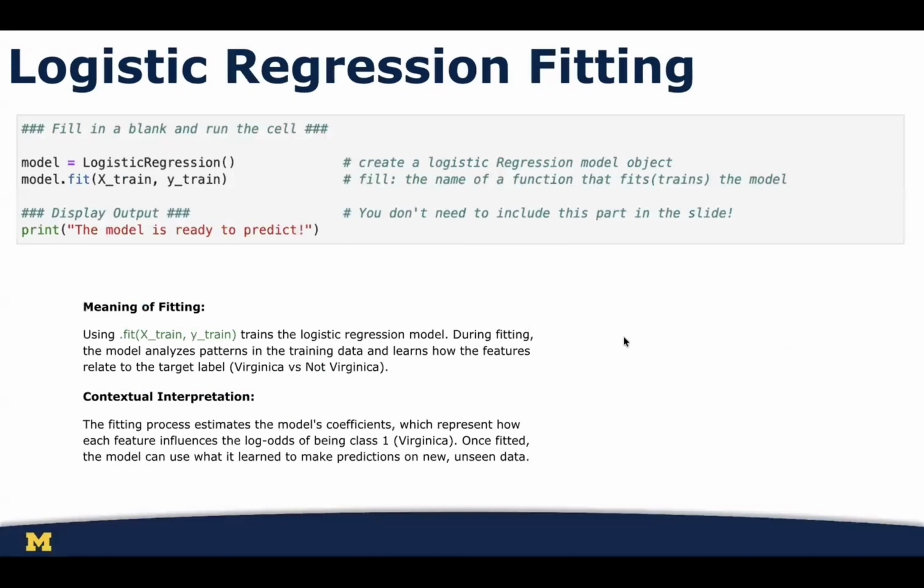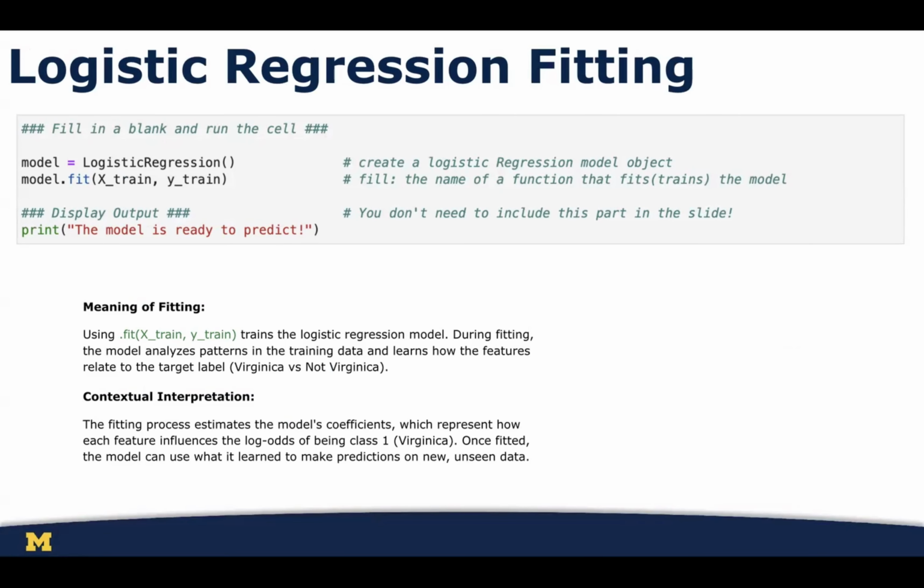Now, for slide 4, let's talk about logistic regression fitting. I fit a logistic regression model to predict whether a flower is virginica or not virginica. Here's the code that performs the fitting. I used model.fit(X_train, y_train).